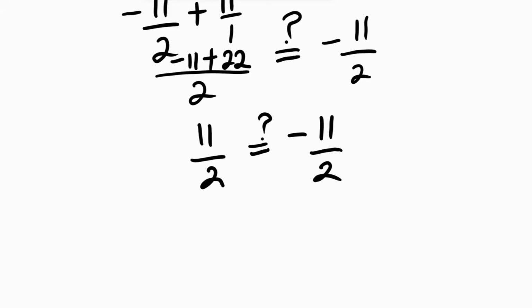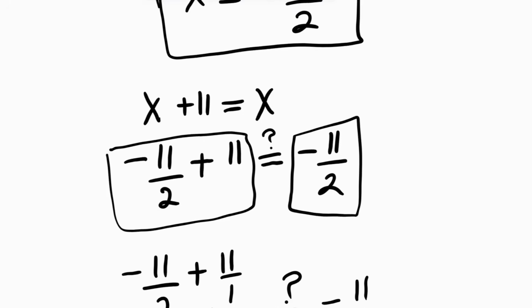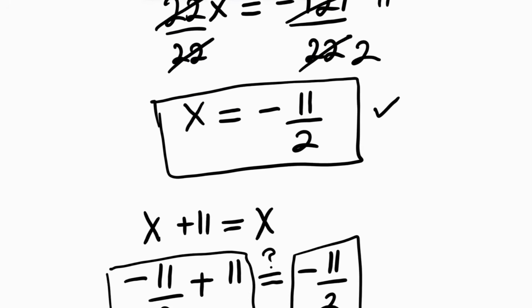Now, at this juncture, we can see that the left-hand side is not equal to the right-hand side, because the left-hand side has a positive sign and the right-hand side has a negative sign. But if we look closely at what we've been solving, right?